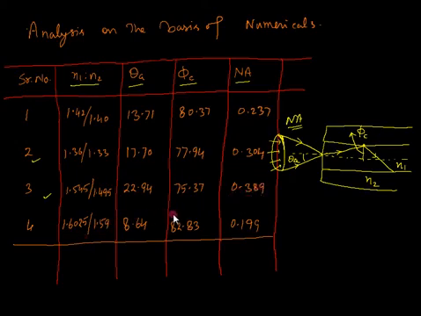The point is what one can conclude from this result. First of all, compare these two. The acceptance angle is maximum here, and as a result, what is the difference in the critical angle? You are seeing that this is smaller. Here the acceptance angle is greater as compared to this one, and the second point is that the critical angle is reducing.